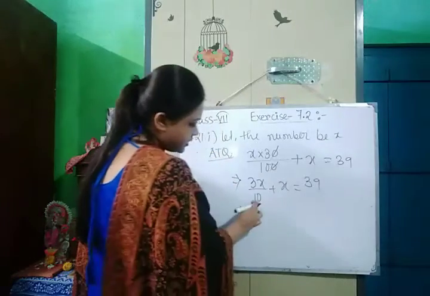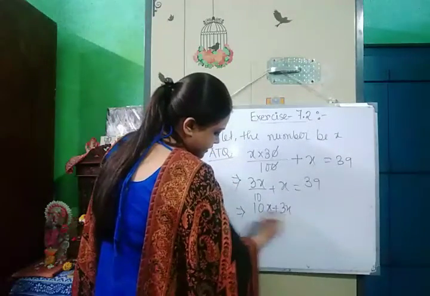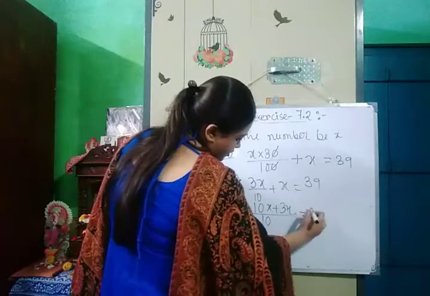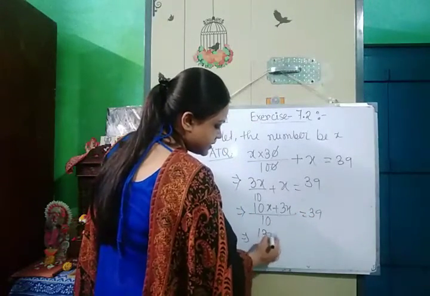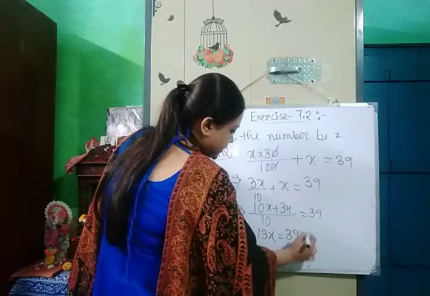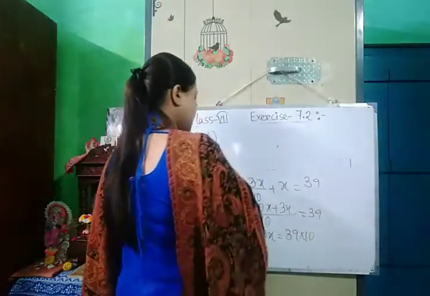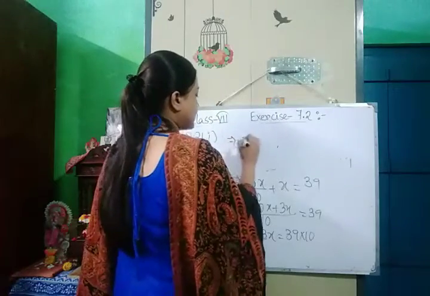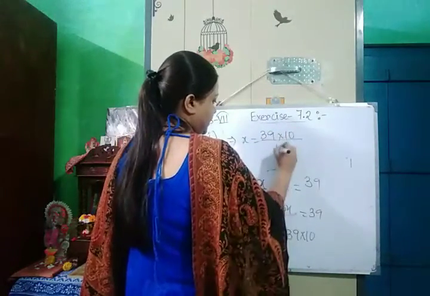Now we will do addition. 10x plus 3x by 10 equals 39. So 10x plus 3x is 13x, and 10 will come here by cross multiplication, 13 into 10. Now x equals 39 into 10 by 13.